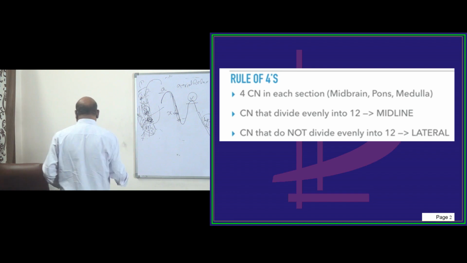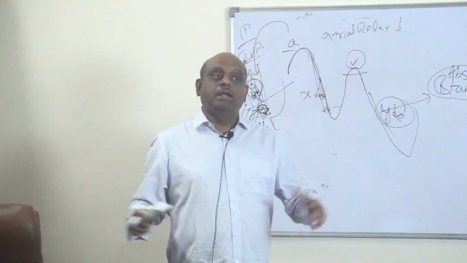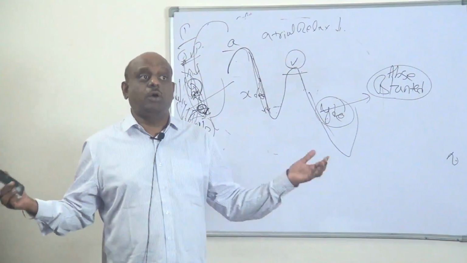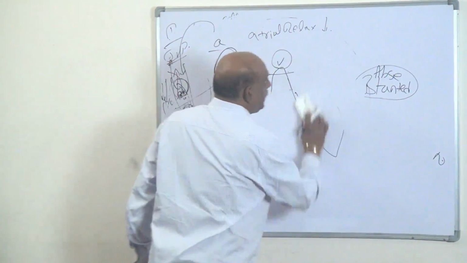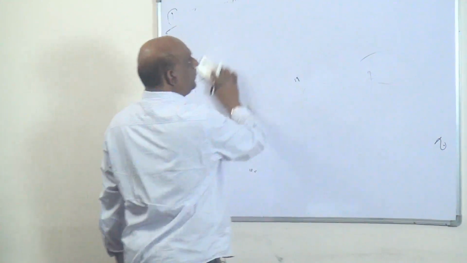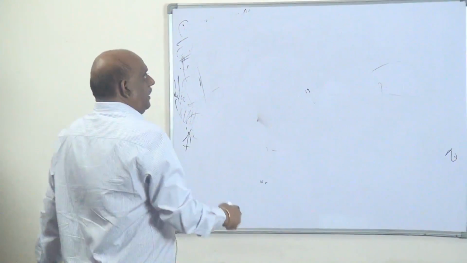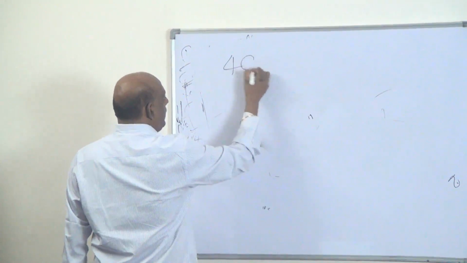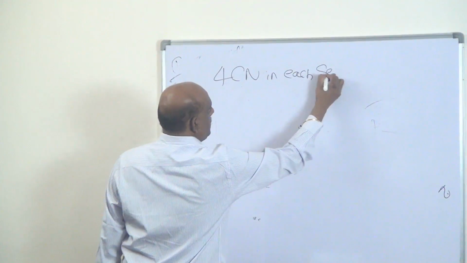How to remember the brainstem strokes, how to localize it. For that, you need to know the rule of 4. So what is the meaning of rule of 4? There are 4 cranial nerves in each section.